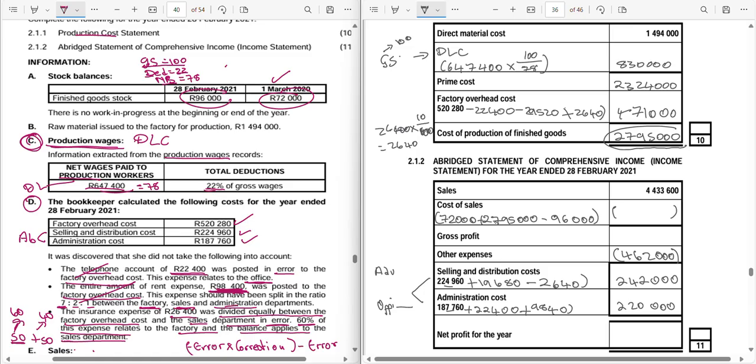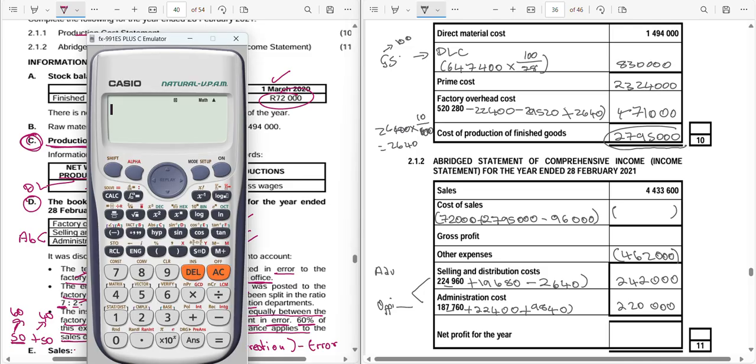I'm still putting it in the calculator. I'm getting negative 2,262,700.